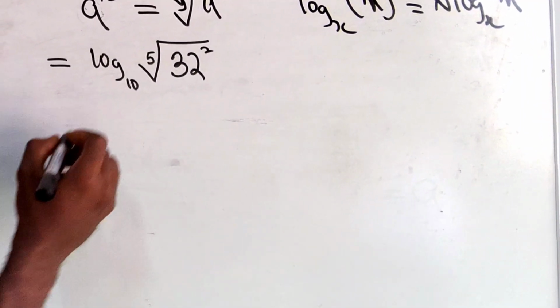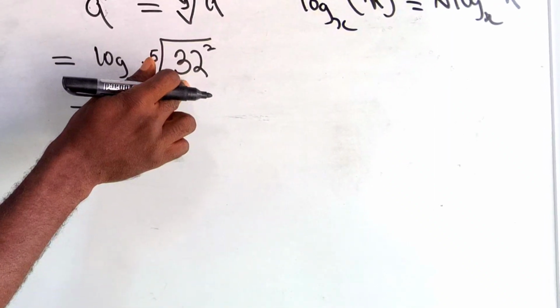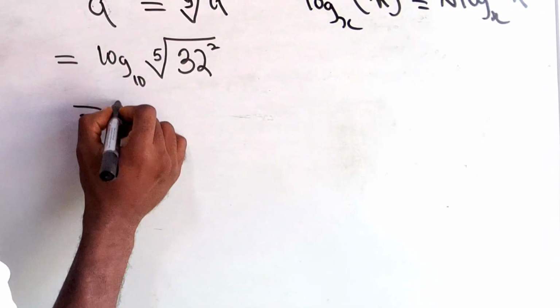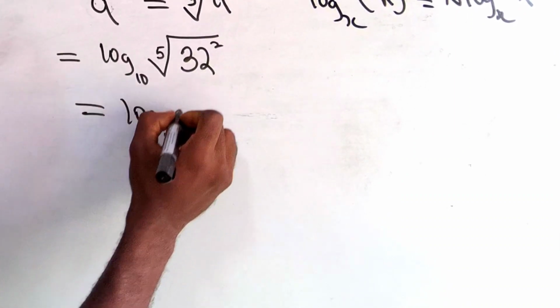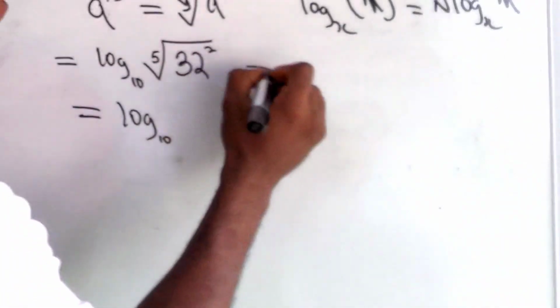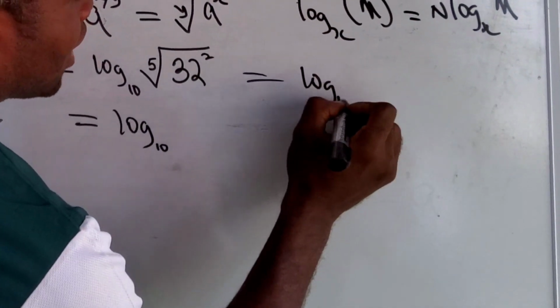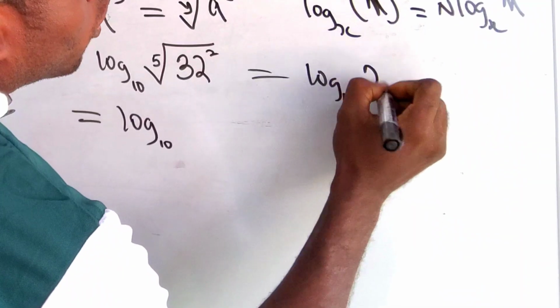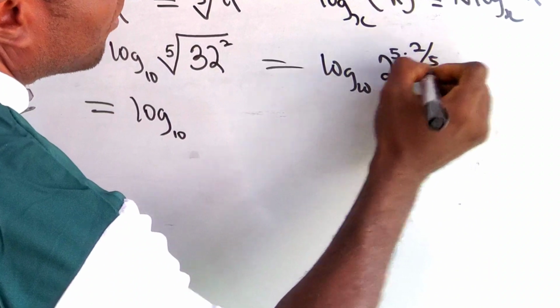That's simple and straight. The fifth root of 32 is 2, raised to power 2. So you have log base 10. Or you can still say this if you don't want to put it that way: log base 10 of 2 raised to power 5 multiplied by 2 all over 5.